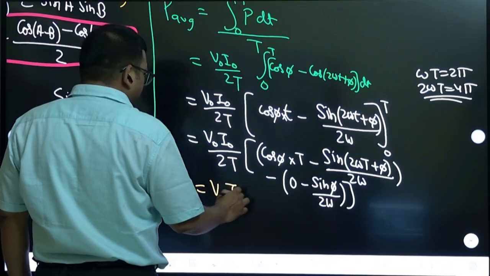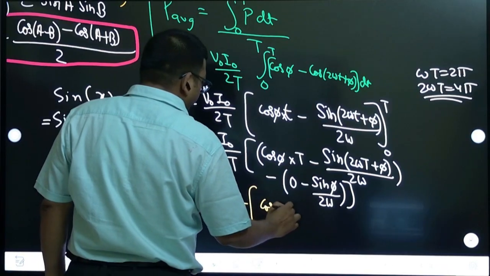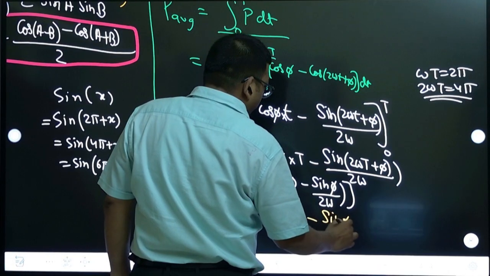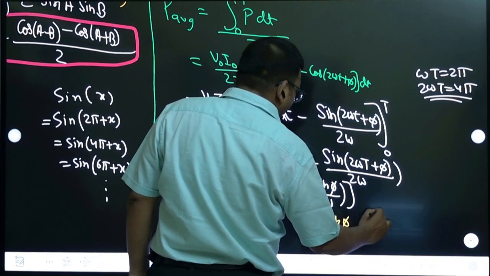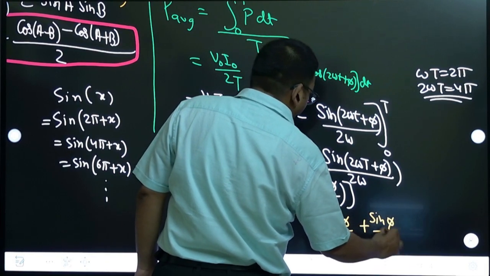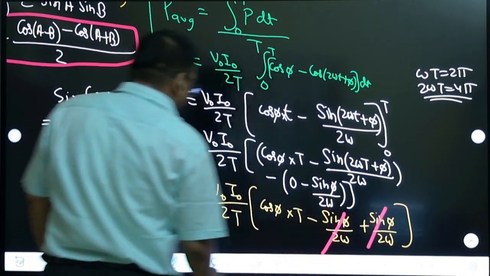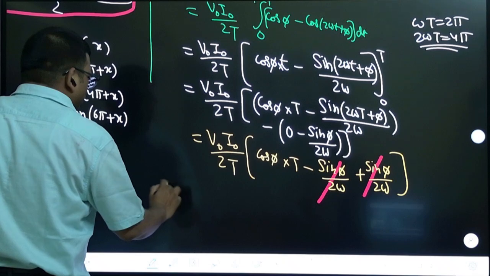So V naught I naught by 2T, this is cos phi into T, minus that becomes sine of phi by 2 omega. Open this, minus minus plus sine of phi by 2 omega. You see this term is getting cancelled now. This term got cancelled. So finally you got the average power.